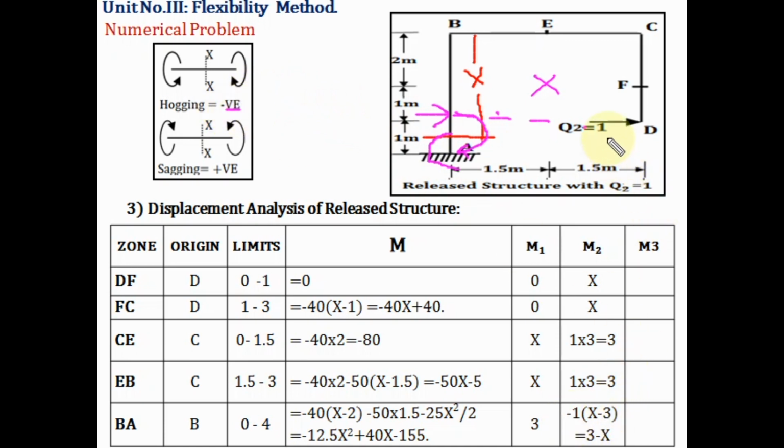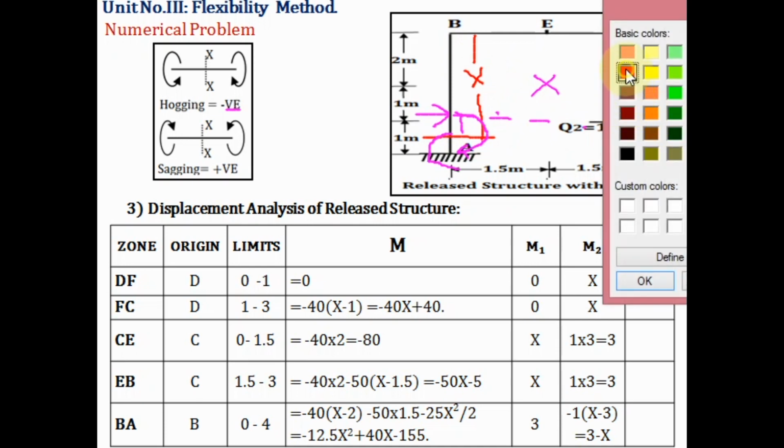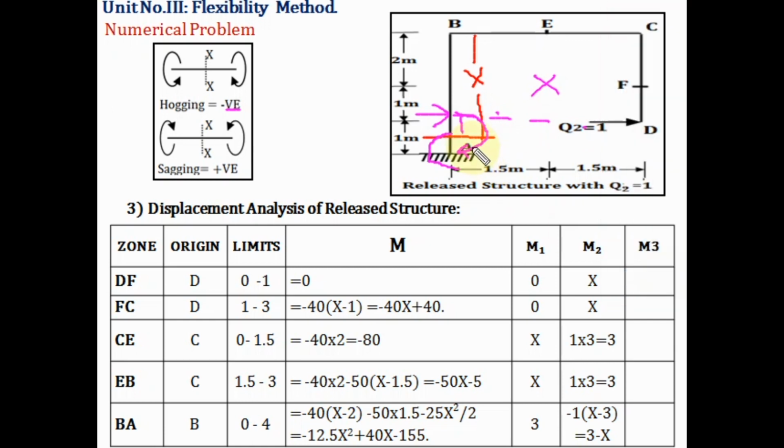What is the intensity of force? Minus 1. And this distance we have to find out here. Now this distance is equal to how much? The total distance is x minus this much distance, that is 3.